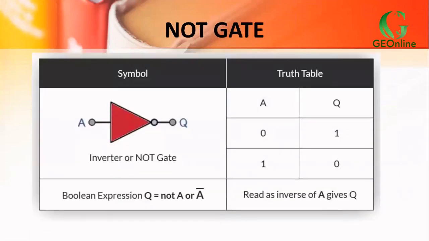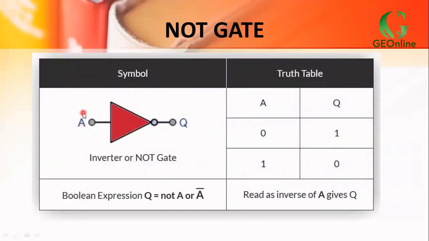First one is NOT gate. This is the symbol of NOT gate and we have one input and one output. Let's say input is A and output is Q. So NOT gate is a logical circuit which gives the inverse of the input or complement of the input. Complement of 0 is 1 and of 1 is 0.